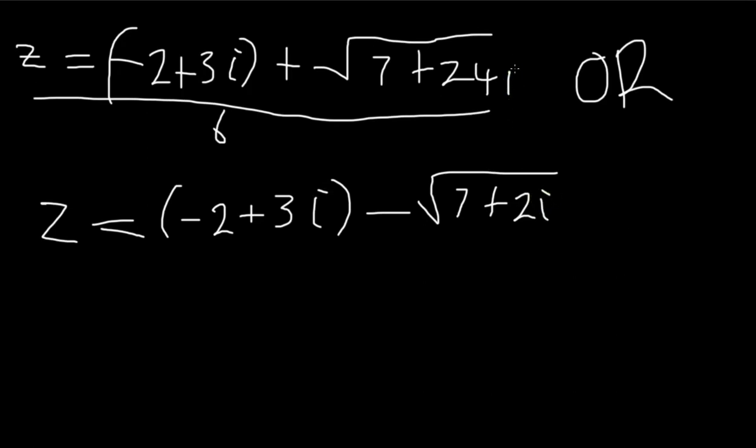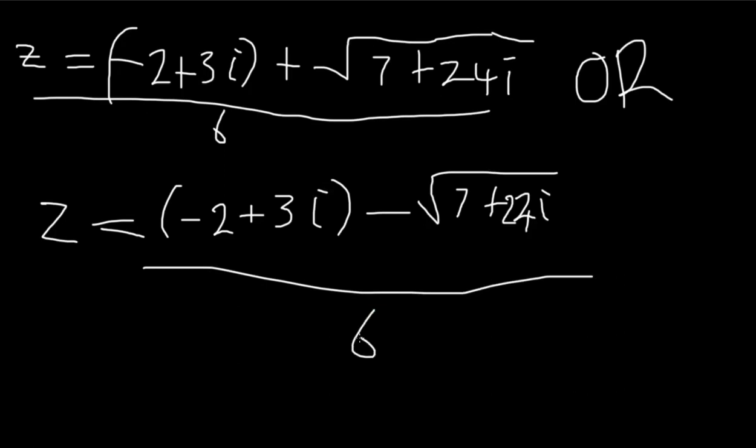There's also supposed to be i this side. So 24i over 6. So these are the answers for the last question there.